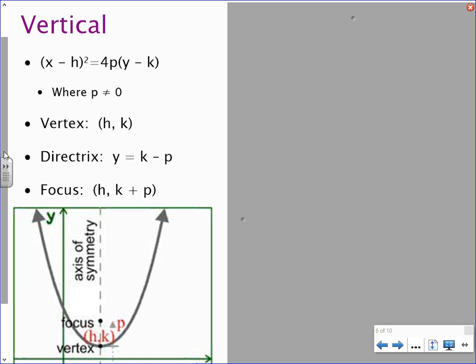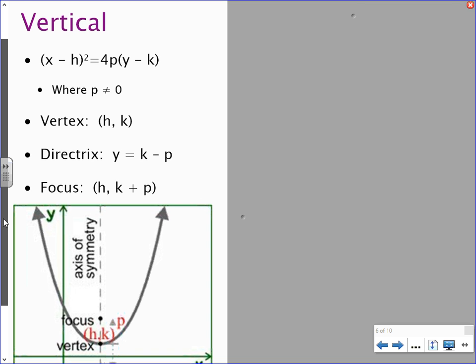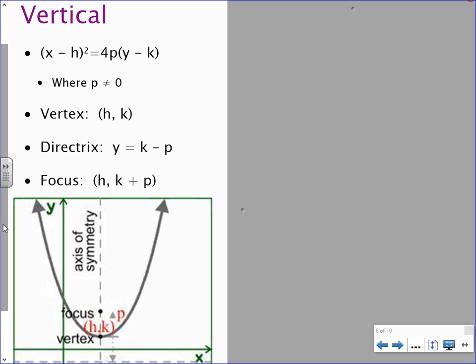Now, you'll notice that the standard form looks a little bit different. This is so that we can easily pick out the vertex, the directrix, and the focus. We need it in this form. So I'm going to give you a moment to write those 4 things down.